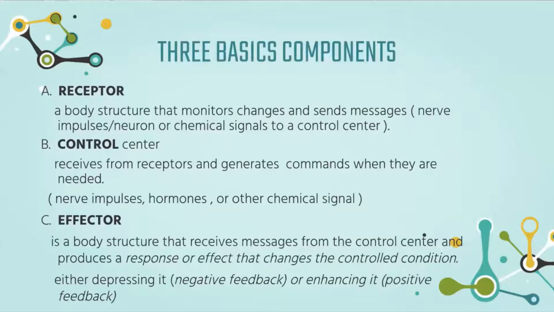So the sensors or receptors, control center, and effector are the basic components of every homeostatic response. Later on, we will be talking about positive and negative feedback, which is a more complex idea.